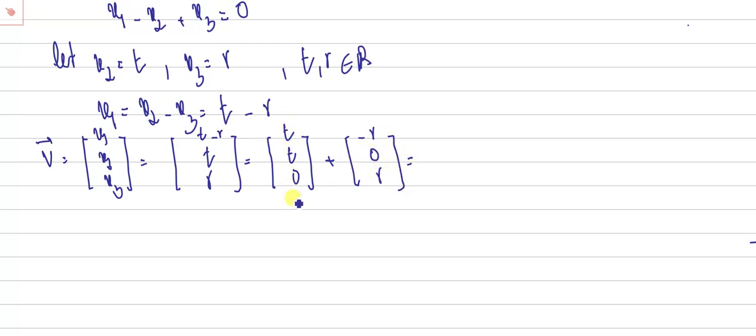This one is factorize t, this one is factorize r. So we got t times 1, 1 and 0 plus r times minus 1, 0 and 1.